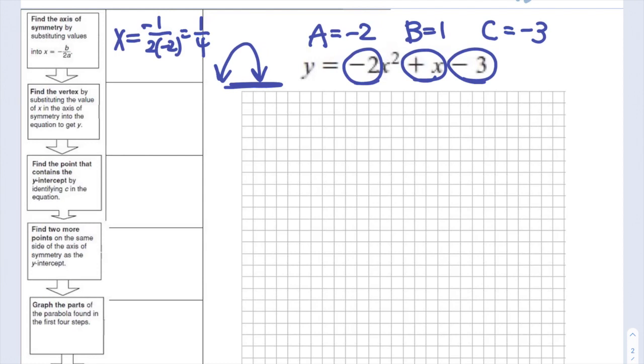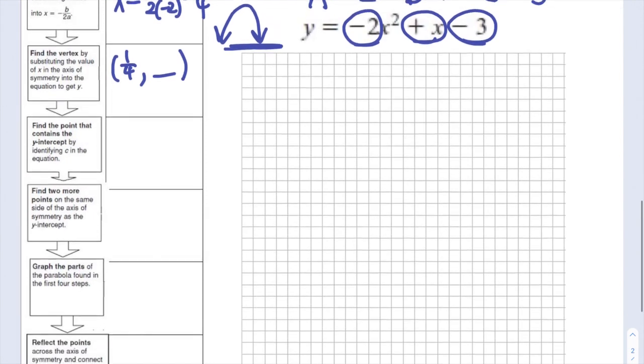The vertex. So when we substitute 1/4 into our equation, what do we get for y? You might want to use a calculator for that. C is negative 3. Then you're finding 2 more points. You're going to graph them and reflect them, same as before.